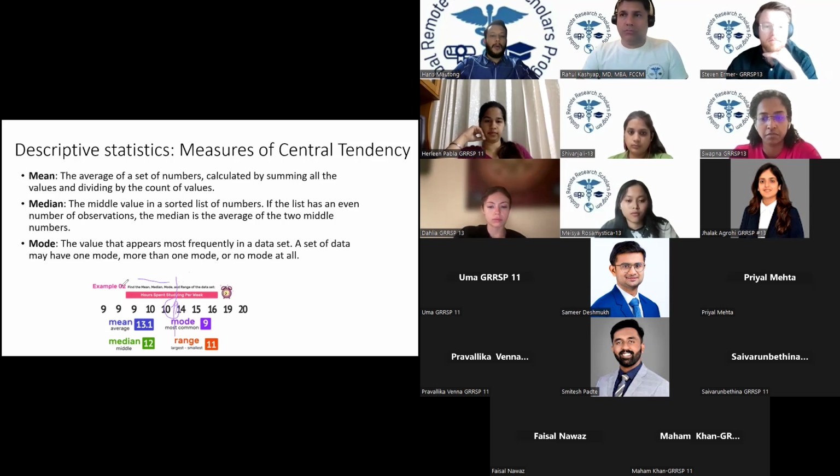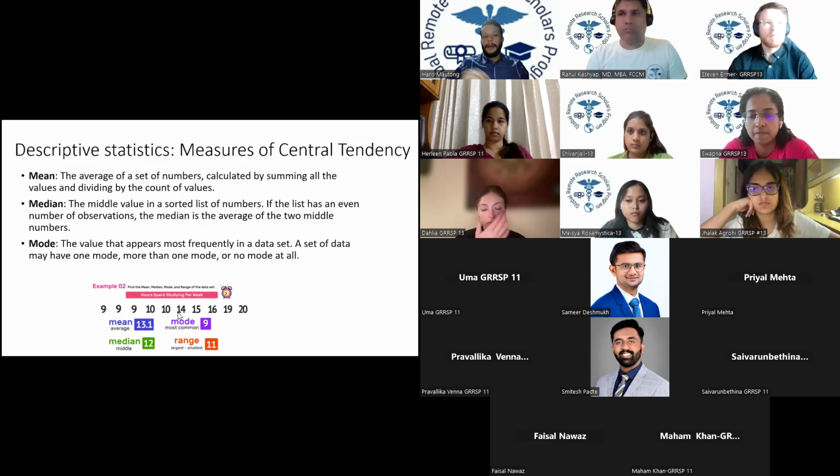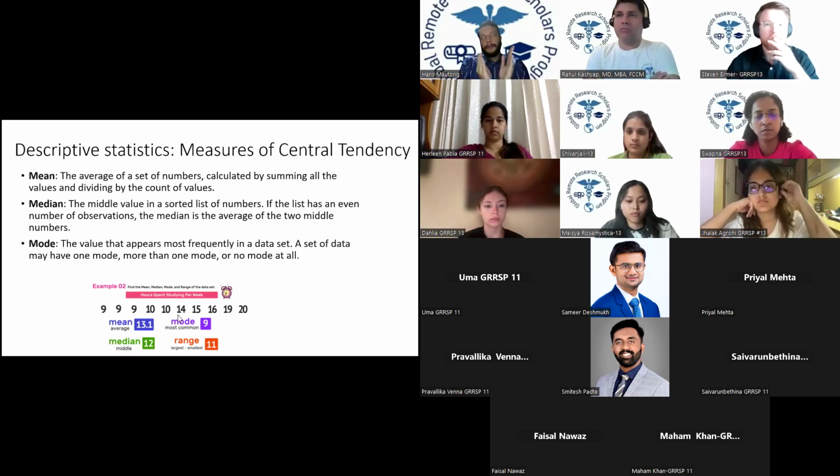This is the lower half, and this is the upper half. The median is the exact value that is in the exact middle of your data. If you don't have a number in the middle that can divide the data, you have to add up the two numbers in the middle and divide by 2.